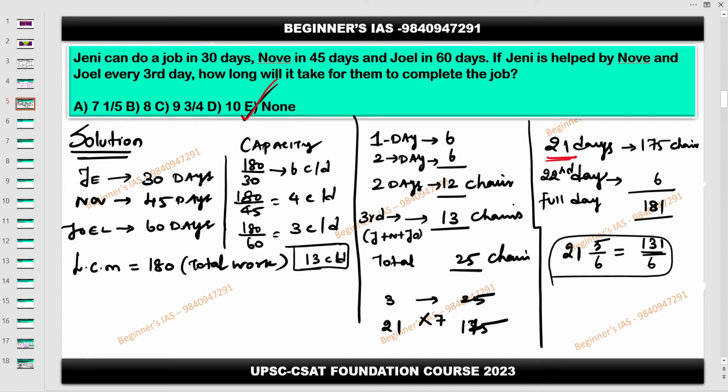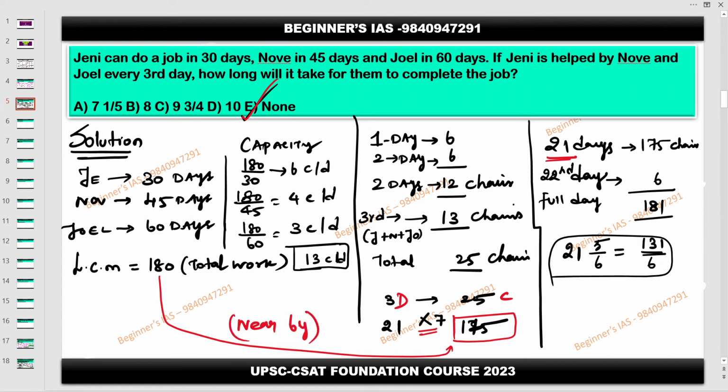Sir, why multiply 21 with 7, sir? Why multiply 21 with 7? You are doing multiplication to reach 175. For 3 days, 25 chairs. You have to go nearby 180. Understood? Yes, sir.